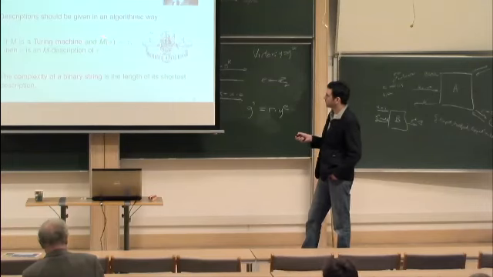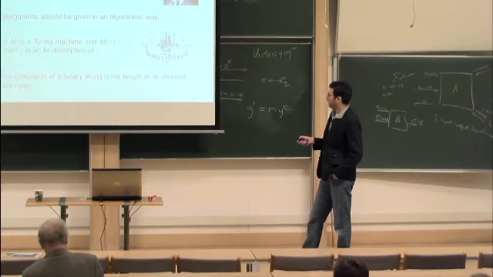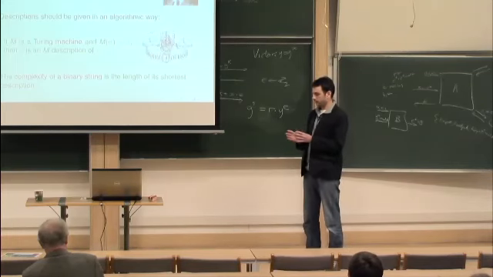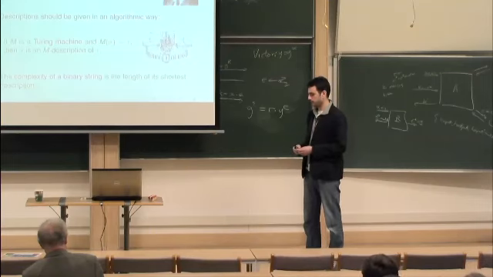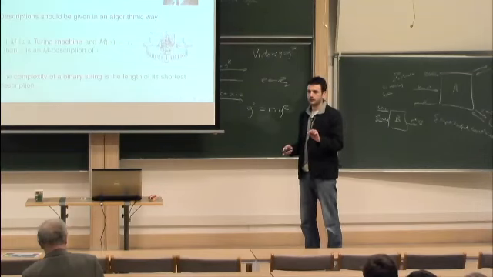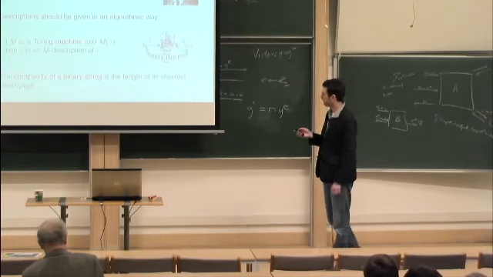It's a description relative to M. And he said that the complexity of a binary string is the length of its shortest description. So a complex string has relatively long descriptions, and simple strings, like a string of 100 zeros, can be described very easily by writing a very short program that prints 0 100 times.